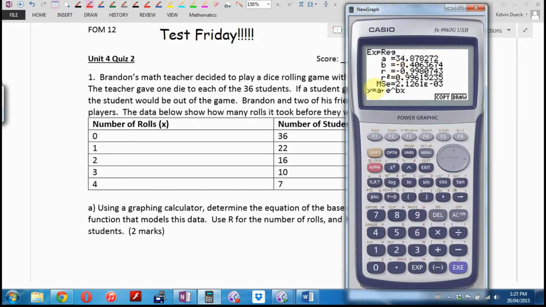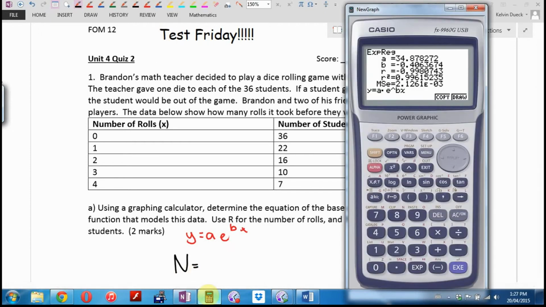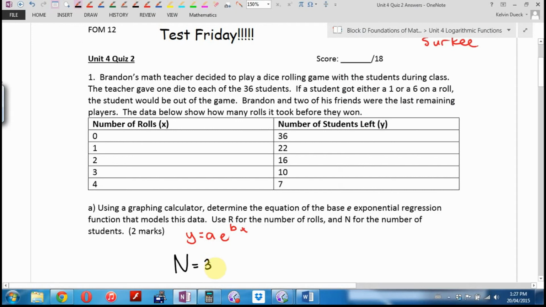Here's my template. My template is y equals a e to the b x, except this question said use n for number of rolls. A is 34.878. If you went 34.9, that's fine.